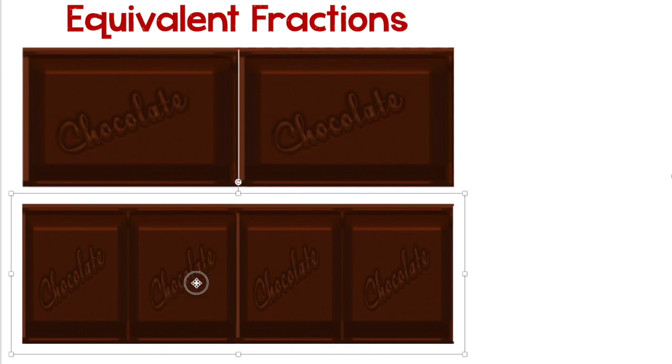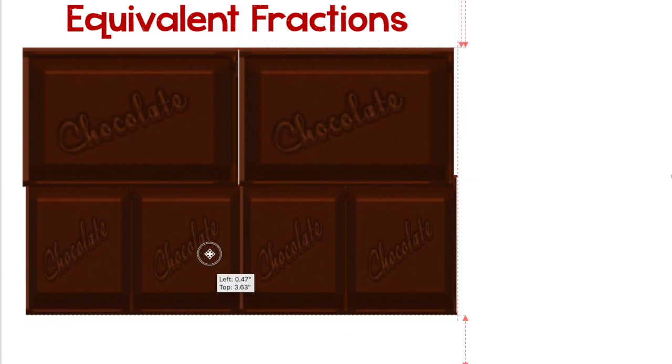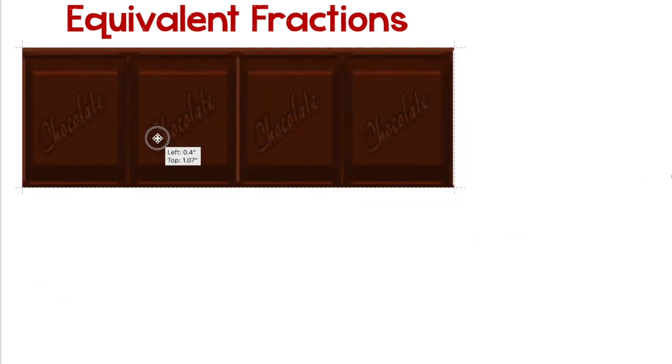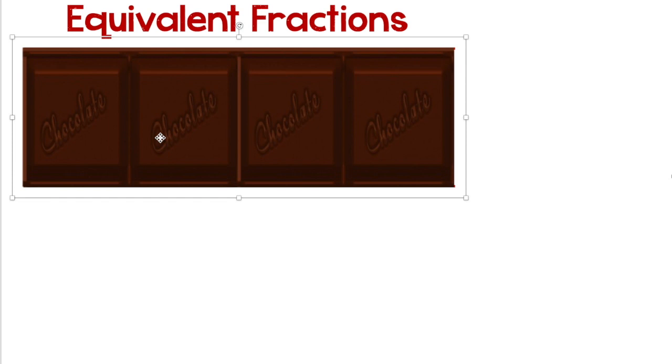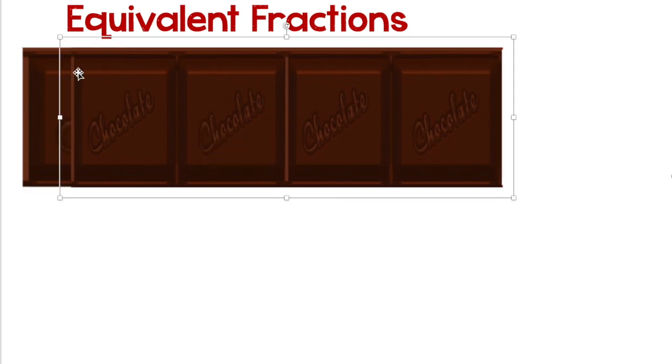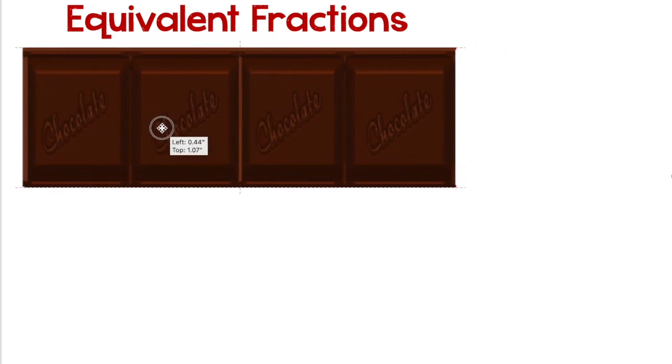What's interesting is, even though mine is broken into 2 pieces and hers has 4 pieces, if I pull hers up on top of mine, I can see that they are actually the exact same size. They're the same width. They're the same height. They fit exactly.